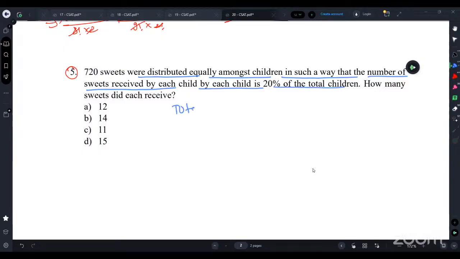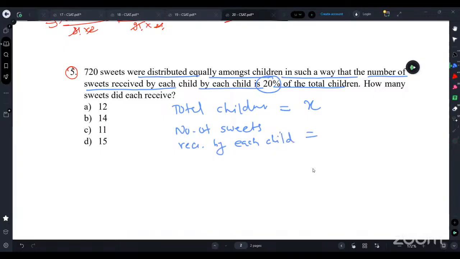Let's say the total children, if I consider X, then the number of sweets received by each child will be 20% of the total children, right? So that will be 0.2 times X.